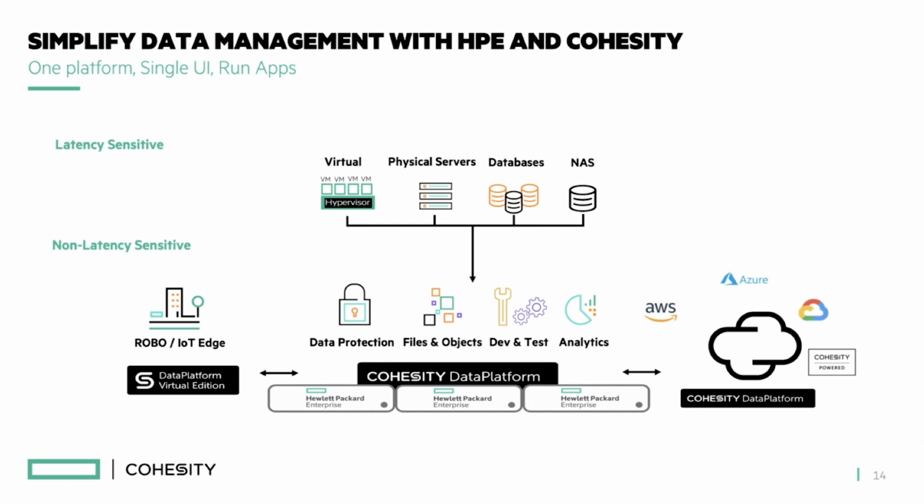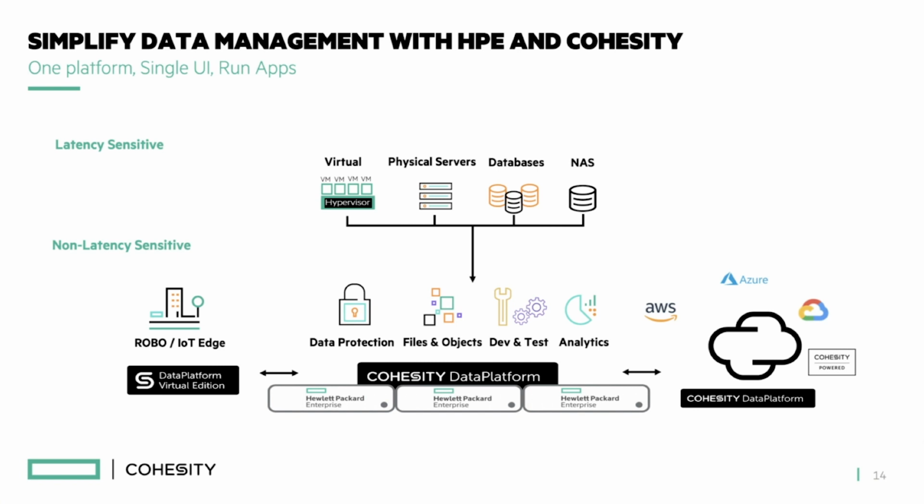Now, I'll spend a little time talking about what we mean by latency sensitive and non-latency sensitive. Latency sensitive is all your tier 1 data, your virtual data on VMware, physical servers, databases, your NAS data, and so on, which are very latency sensitive workloads, or primary as some would call it.